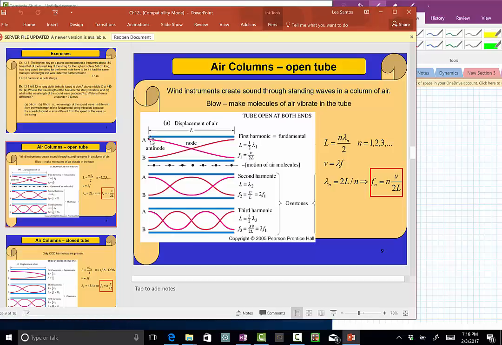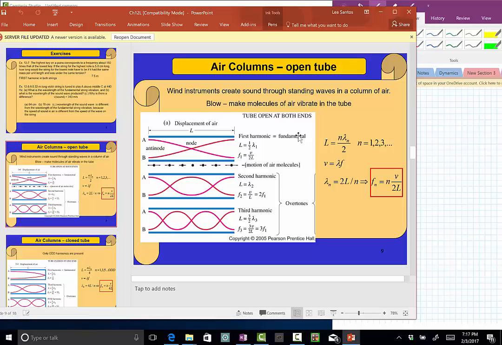I go from crest here to trough and I don't go back, so it's half of a wavelength. It's the same thing that we had before for the string. What is happening here is a little different, and the shape of this standing wave is a little different, but we again get the same equation for the first harmonic, the fundamental.